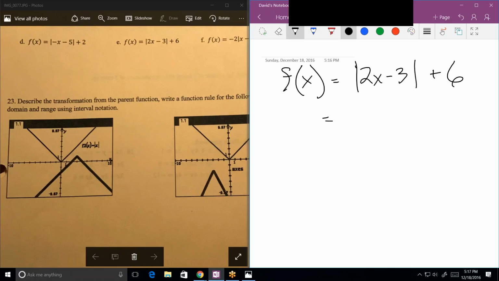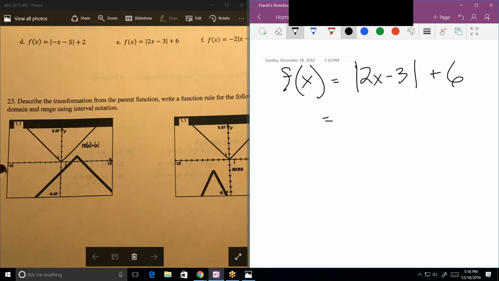What's the 2 do? Um, that's a horizontal shrink factor. Shrink, okay. It's horizontal, so it'd be the opposite of vertical. When you're looking at vertical stretches or shrinks, what matters is whether the number is greater than 1 or less than 1.